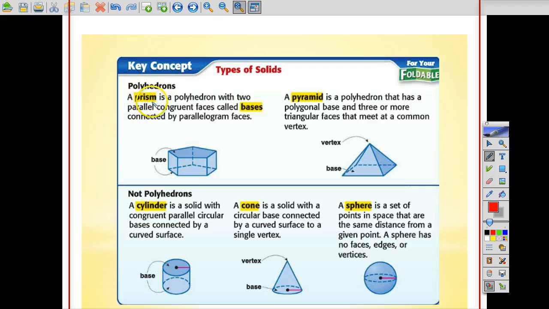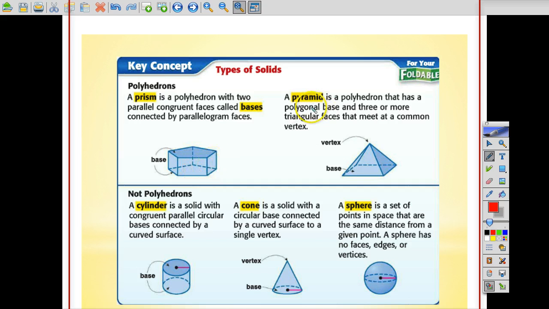Polyhedrons. A prism is a polyhedron with two parallel congruent faces called bases connected by parallelogram faces. So here, a polyhedron with parallel congruent faces called bases connected by parallelogram faces is called a prism.